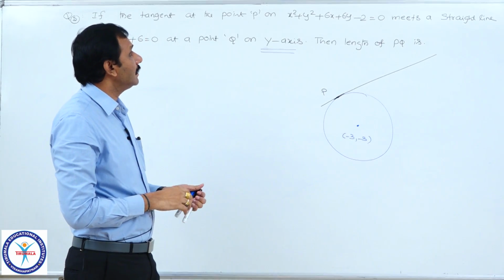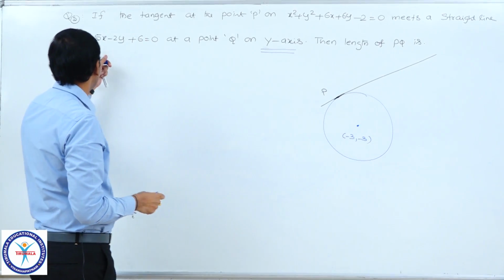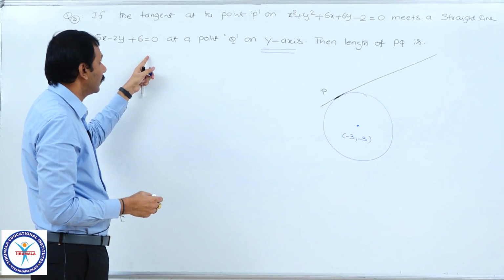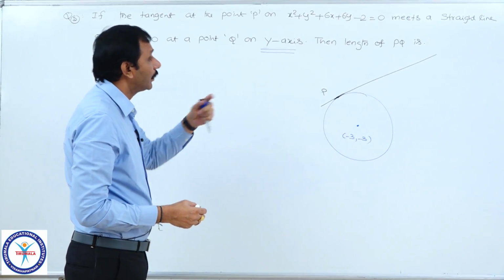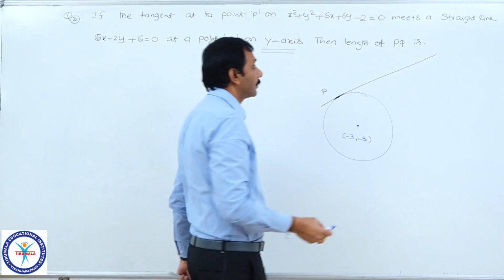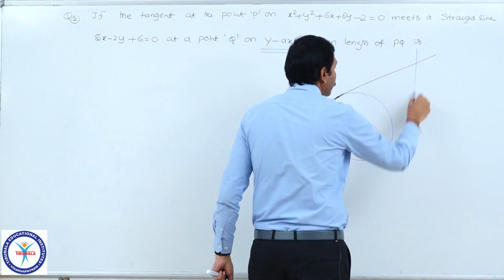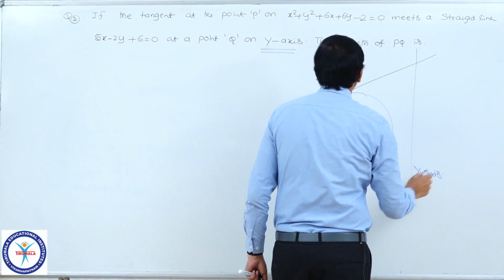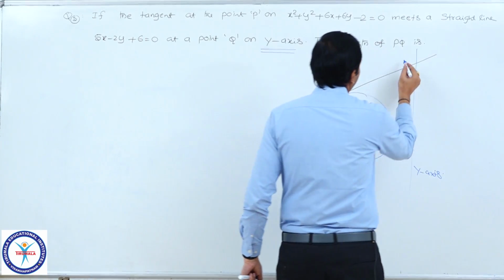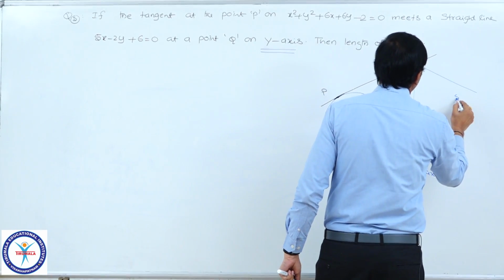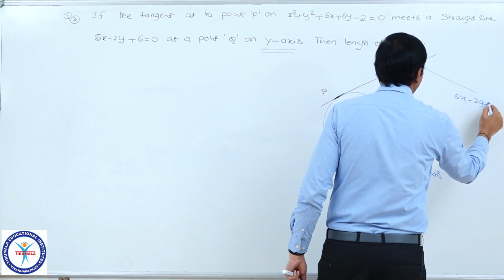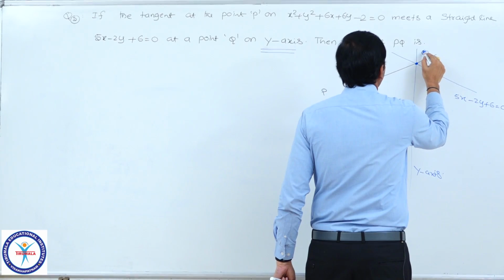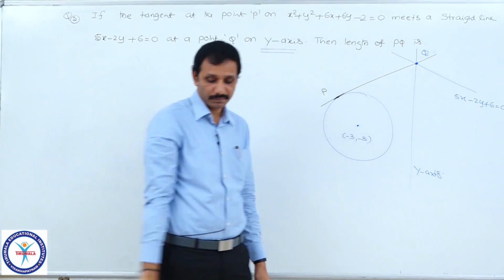And this tangent line meets the straight line. What is the straight line? 5x minus 2y plus 6 equal to 0, at a point Q on y axis. Suppose this is the y axis and that other line is there. That line is nothing but 5x minus 2y plus 6 equal to 0, meeting at a point Q. That is the meaning.